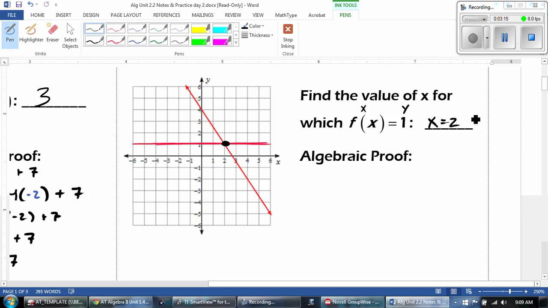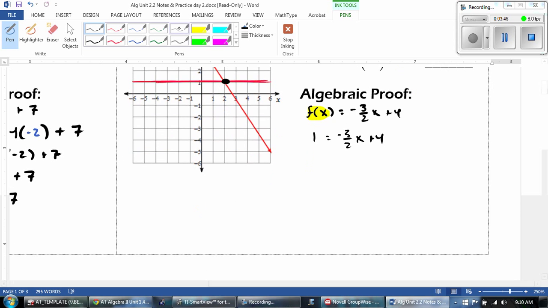If they're asking for the algebraic proof, it's going to look a little different. f of x equals negative 3 over 2 x plus 4 is our equation. They told us the y part, so I'm going to set that equal: 1 equals negative 3 over 2 x plus 4. Then we solve.